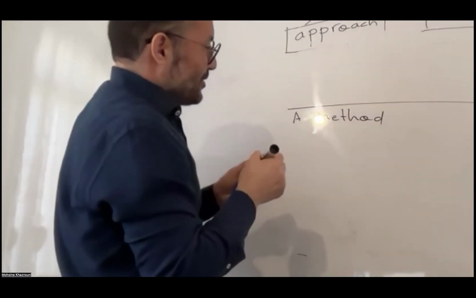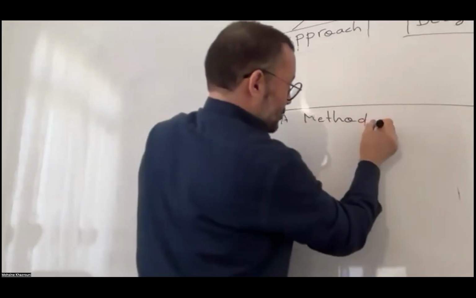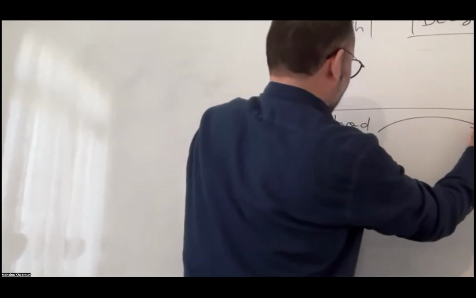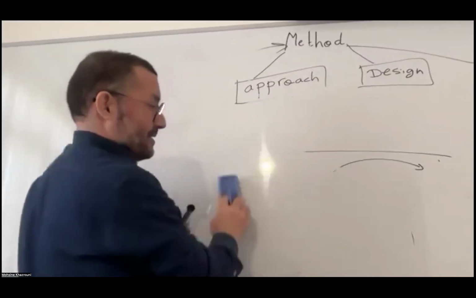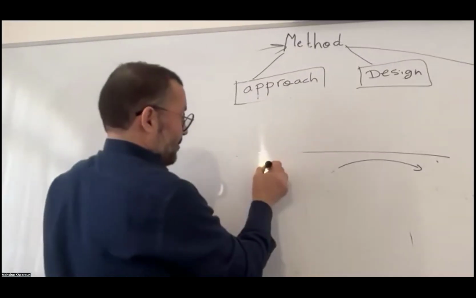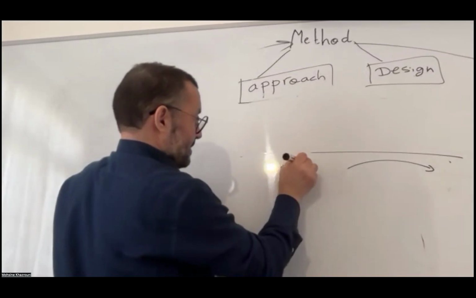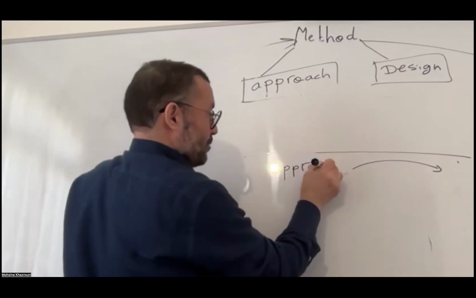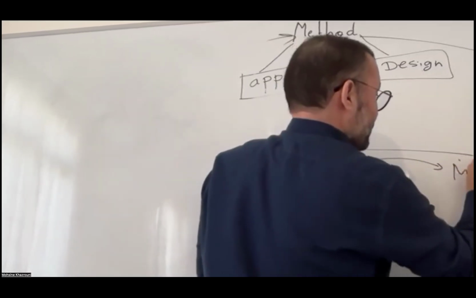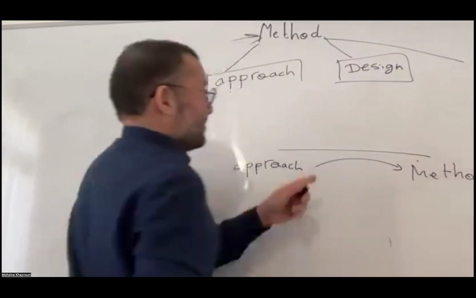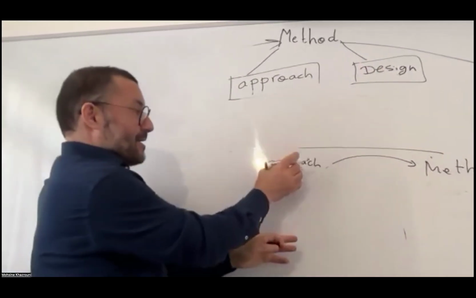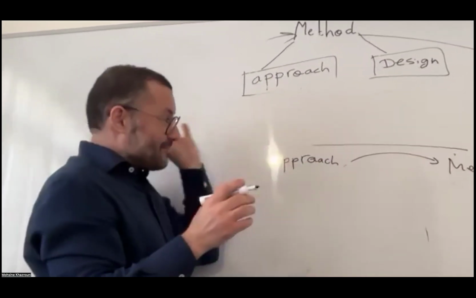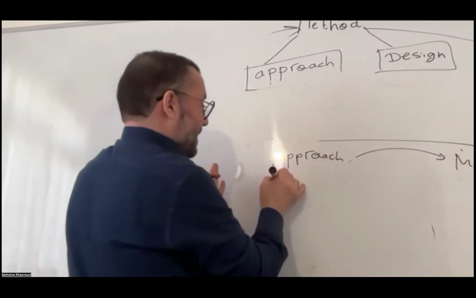Yes, we can. In order to move from an approach to a method, what do we need? We need a link. Yes, design. The theory is an approach, as I have explained it.